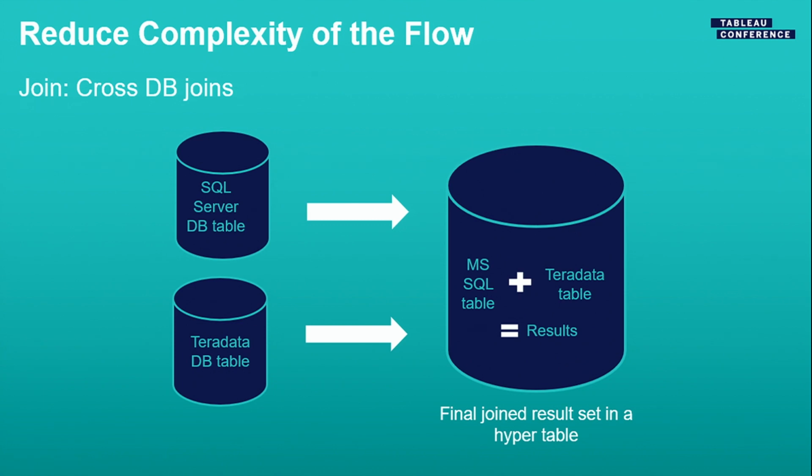You do the join there, then all subsequent Prep queries will hit that result set. It's actually faster than you hitting that slow source database yourself. So just some things that I wanted you to be aware of with cross-database joins.